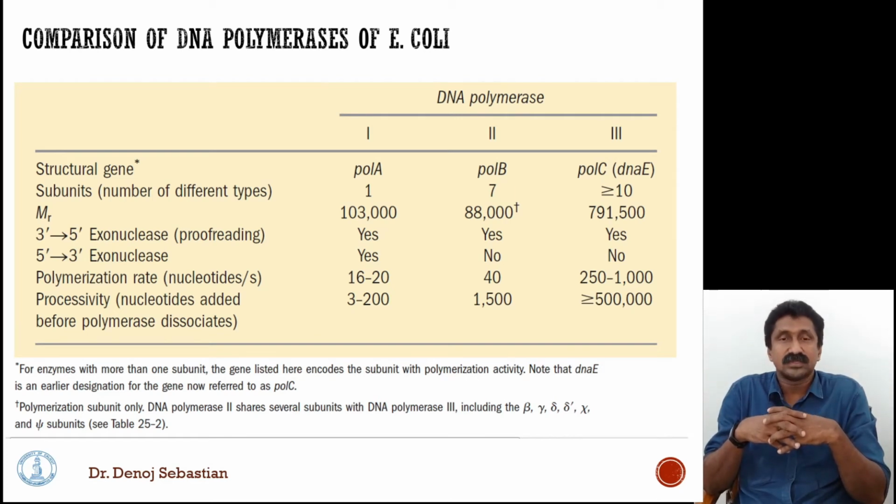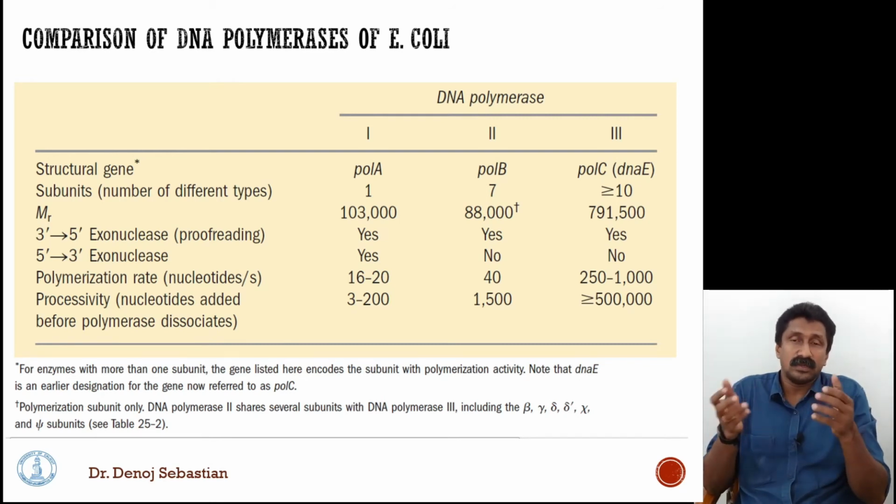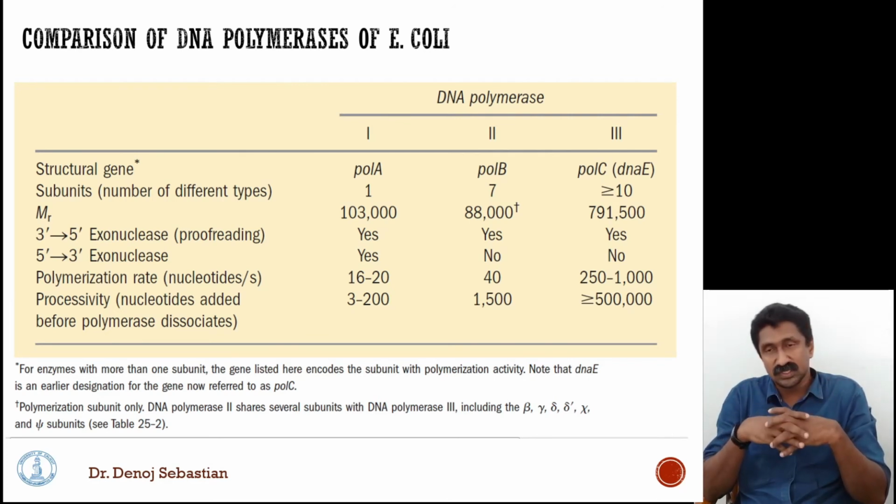The other ones cannot proceed with the DNA replication of a longer chromosome because the polymerization rate is too slow, and they will terminate after copying a very short stretch of the DNA, and cannot keep sticking on to the DNA strand for a longer time to copy the entire DNA molecule. So that's the comparison of the DNA polymerases used in prokaryotic systems.